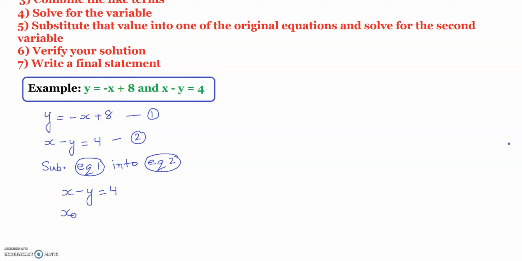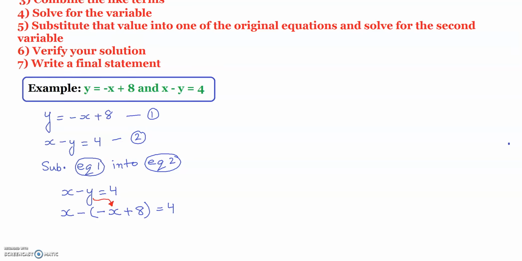So I have here x, there is a negative sign in the equation, so now instead of y, I will substitute negative x plus 8 equals 4. So this y is this one from the first equation.